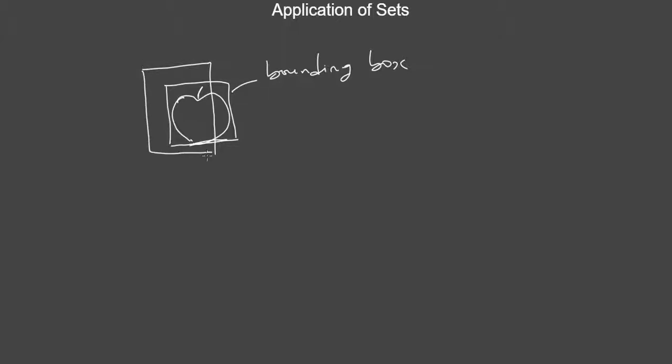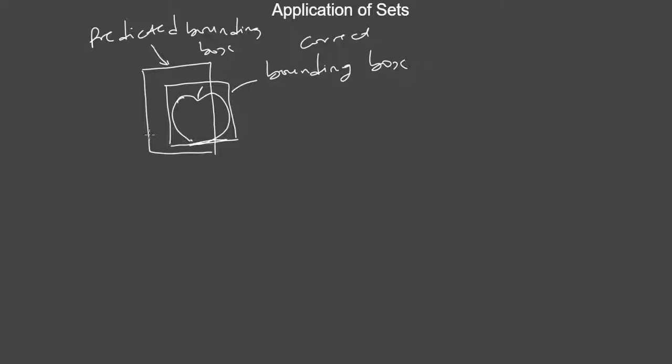So this is the correct bounding box, and this could be called the predicted bounding box. Now the question is, how close is this predicted bounding box to the correct bounding box?